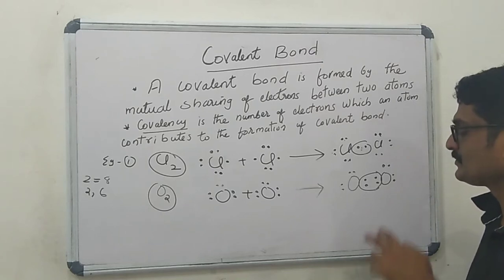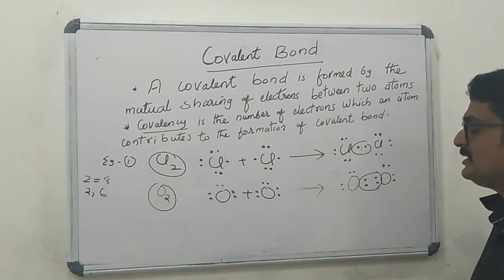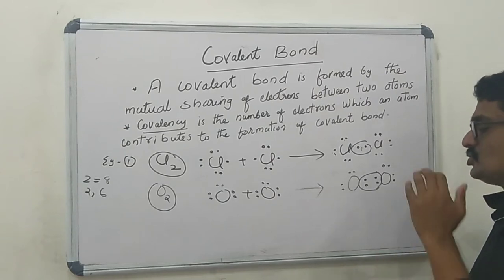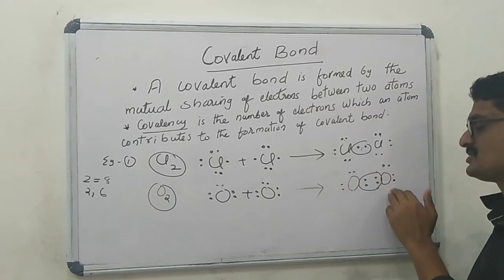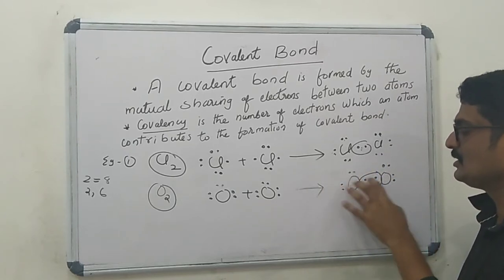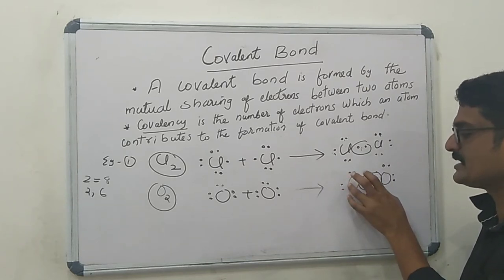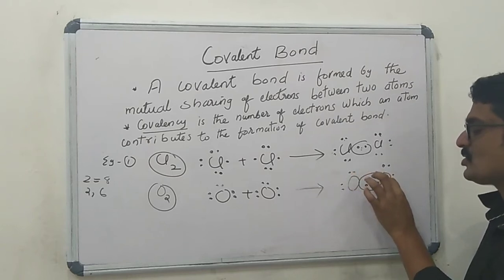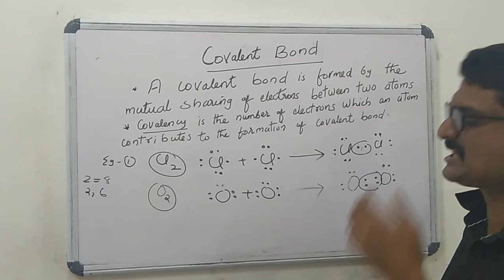Here 2 pairs of electrons are shared between 2 oxygen atoms. These 2 pairs are common for oxygen 1 and oxygen 2. That means 2 plus 2 is 4, 4 plus 4, 8. The first oxygen atom acquires an 8 electron configuration. The second oxygen atom also acquires an 8 electron configuration.